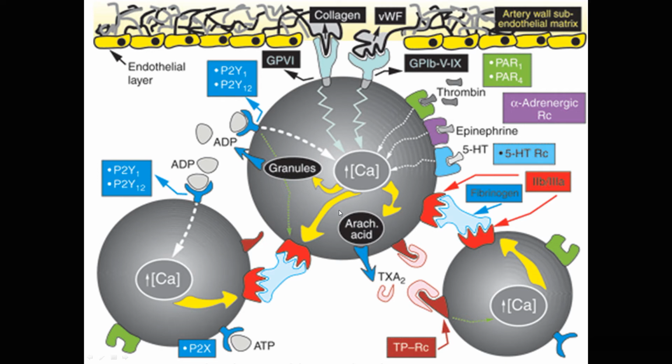The activated platelets release arachidonic acid products such as thromboxane A2, adenosine diphosphate, and other products. Thus, the sequence of events includes adhesion to the wall, aggregation, and activation to release coagulation factors and prostaglandins, together with ADP and other factors.